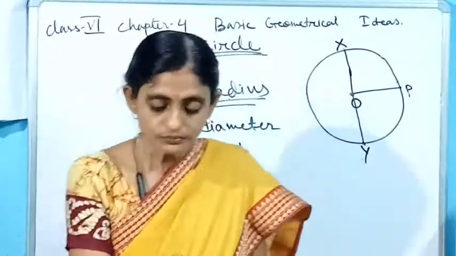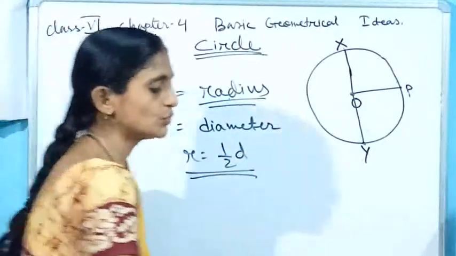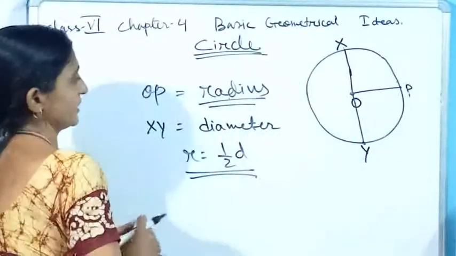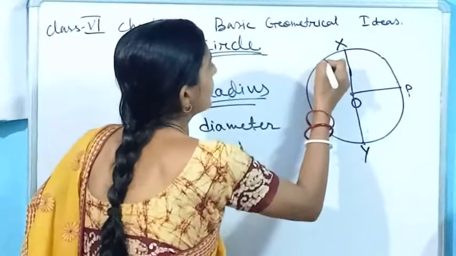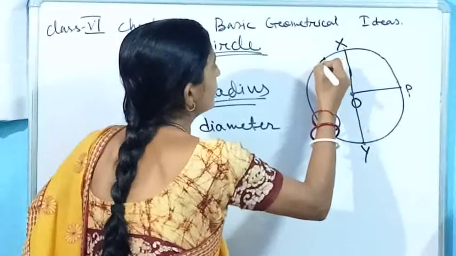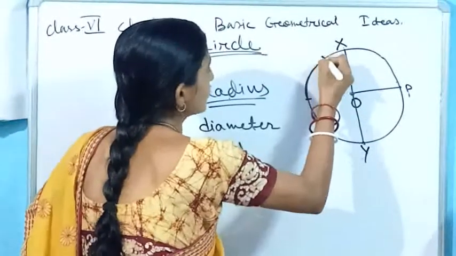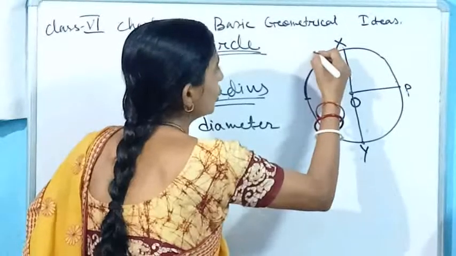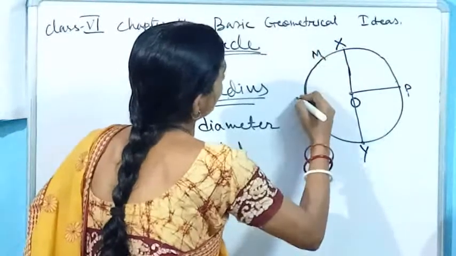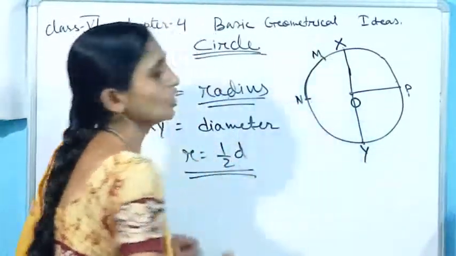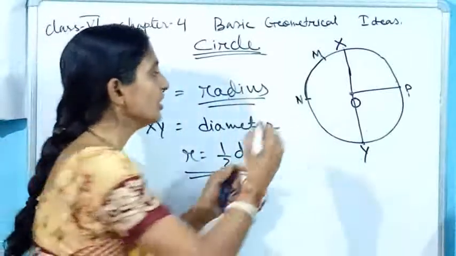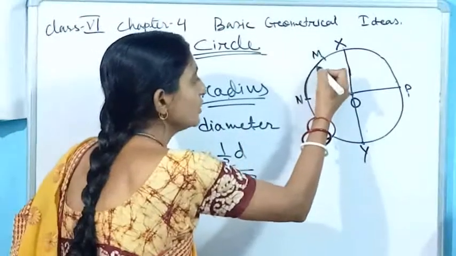Now, if I take one part of this circle, from here to here, one arc on this circle, what does it call? On that curved line I am taking only that much.